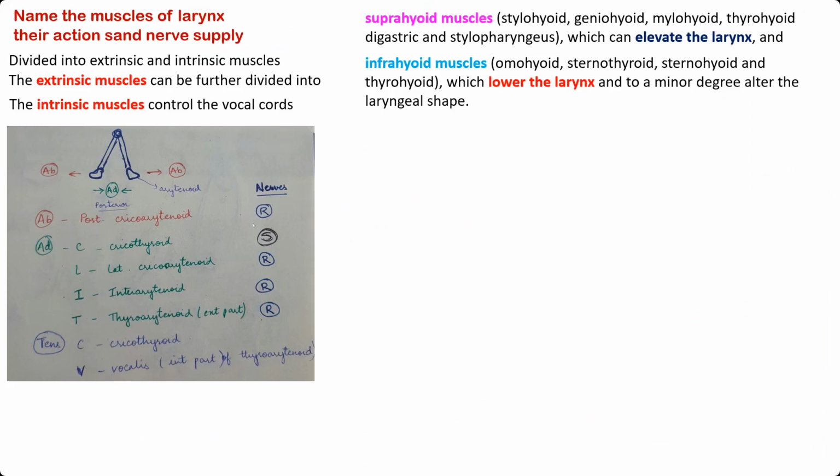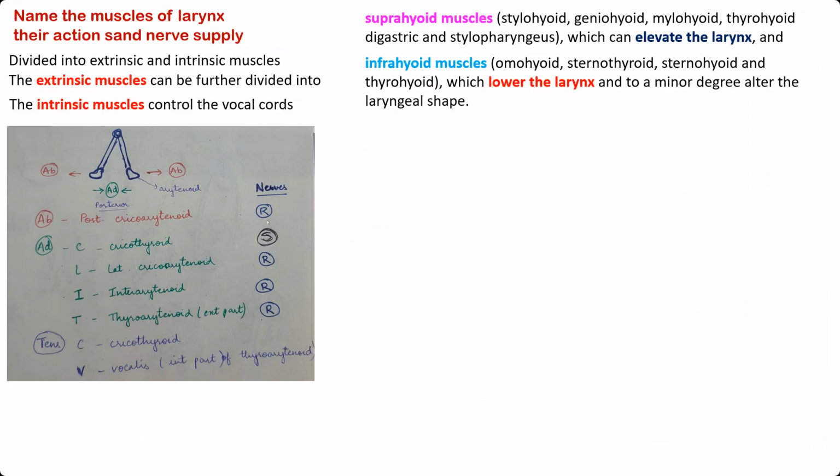And the nerve supply, all of them except the cricothyroid muscle, which is the adductor as well as the tensor muscle, that is supplied by the letter S. What does it stand for? Superior laryngeal nerve, external branch of superior laryngeal nerve. All the other muscles are supplied by R. Recurrent laryngeal nerve, right and left recurrent laryngeal nerve.